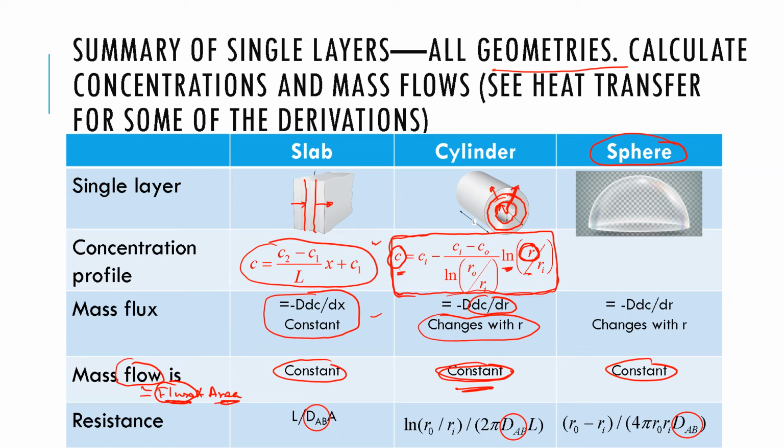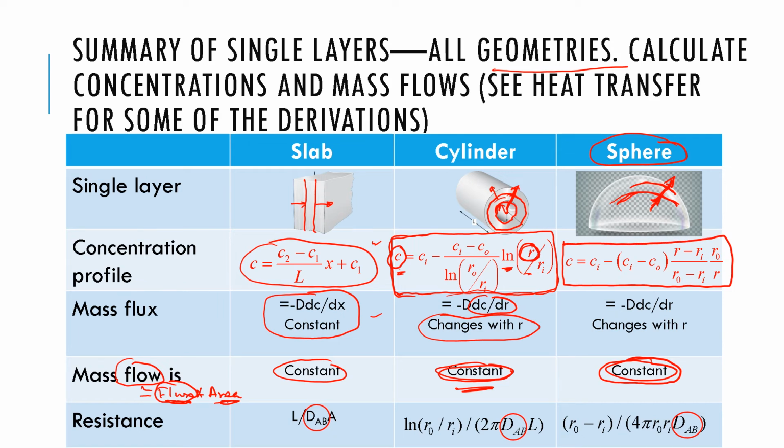The surface area increases as we go from inside to outside. So even though the same amount of mass has to diffuse through each layer, the mass flux, that is amount per unit area, has to keep changing. So that's why the equation that we get for a spherical geometry is also not linear.